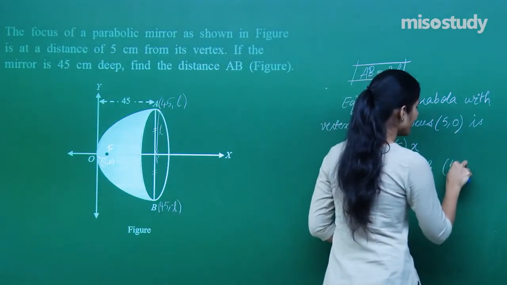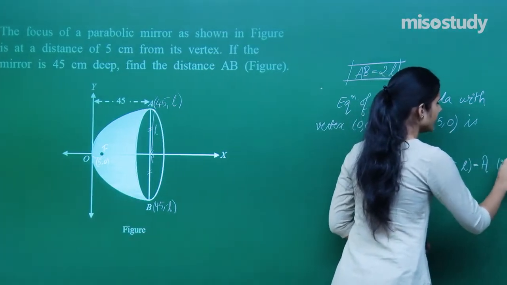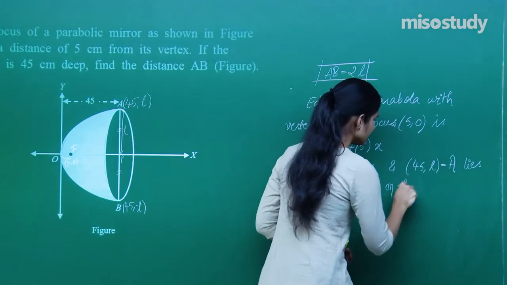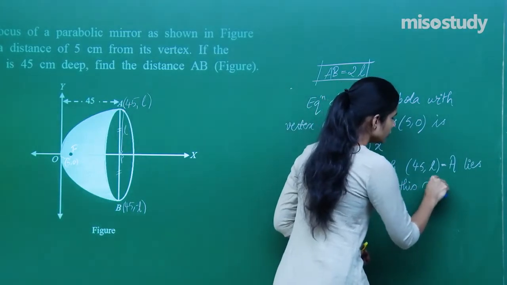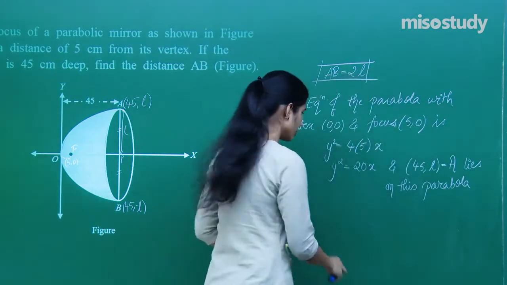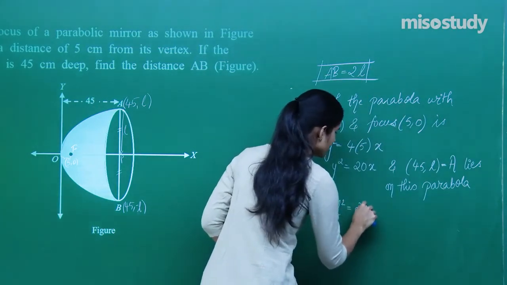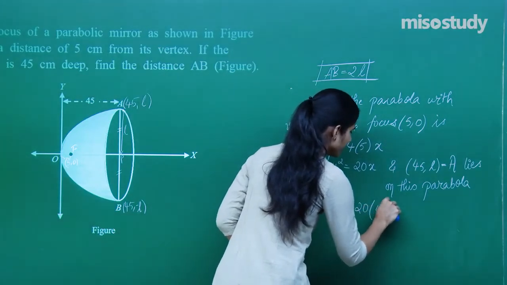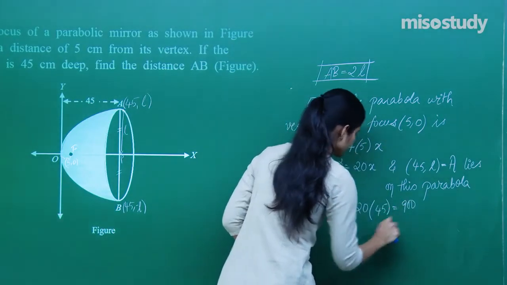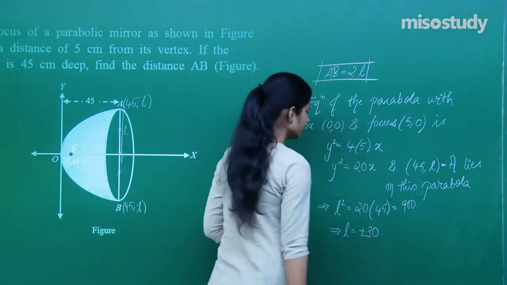And 45, L, that is my point A, lies on this parabola. So clearly its coordinates are going to satisfy the equation of this parabola. So you get y square, that is L square, equals 20 into 45, that is 900. So L is plus minus 30.